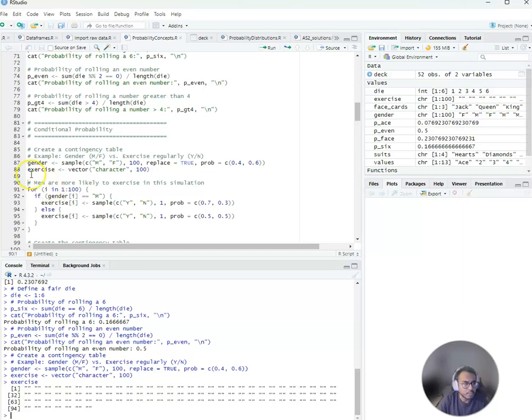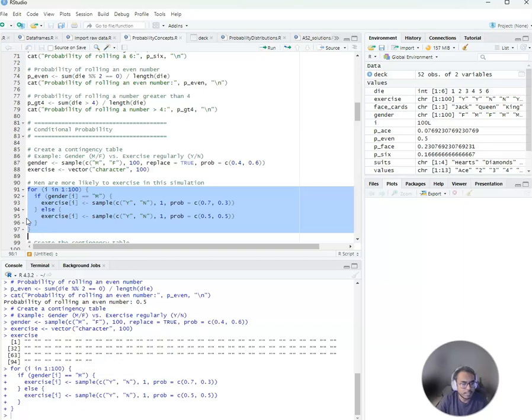Sorry, my bad. So now lines 91 to 97 create that loop. What lines 91 to 97 do is that for all iterations between 1 and 100, it will first look at the gender of that observation.